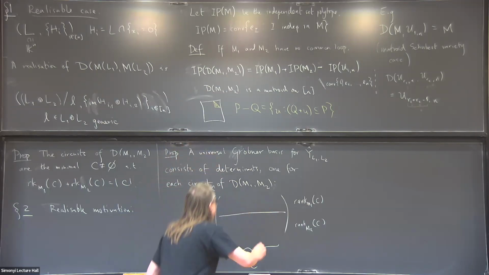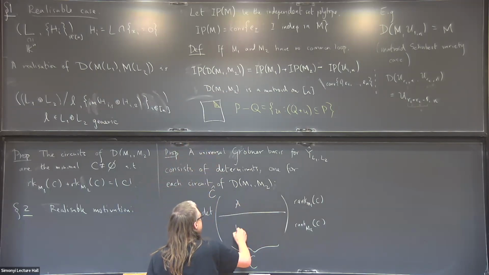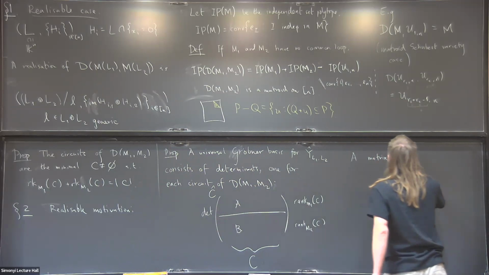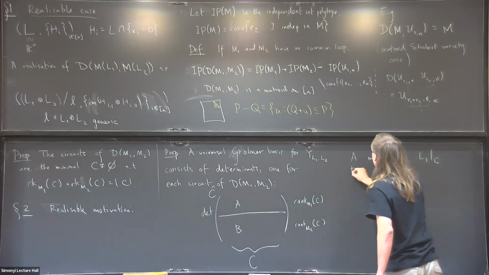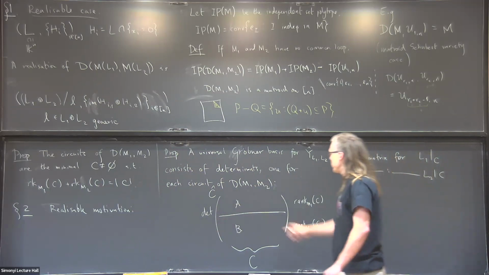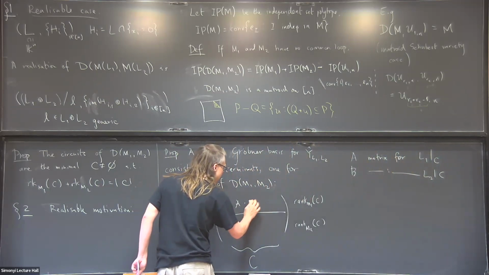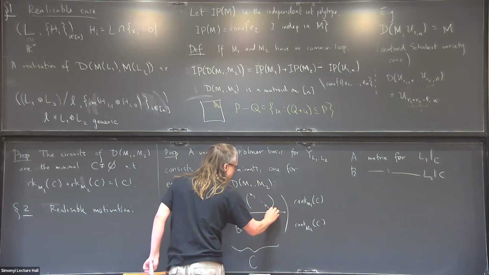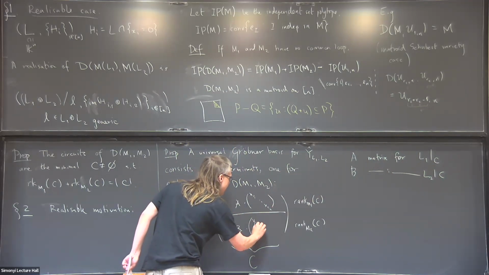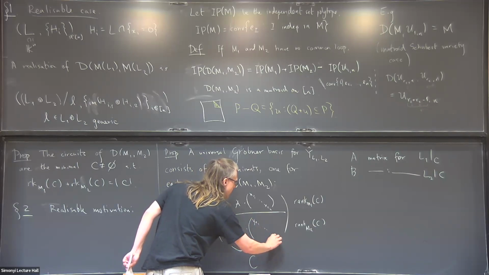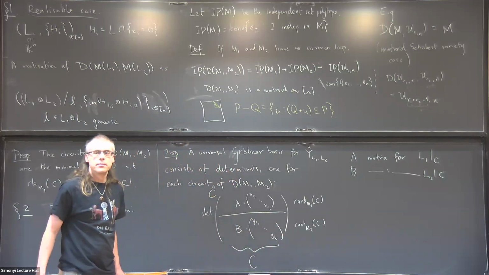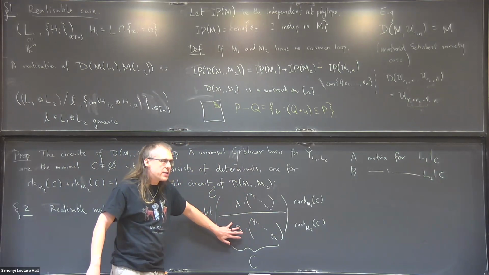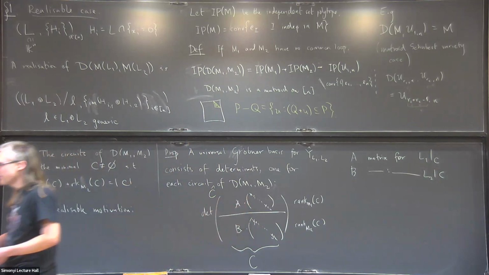Let's say I have matrices A and B, where A is a matrix for L1 restricted to C and B is a matrix for L2 restricted to C. I put A on top, multiplied by a diagonal matrix of x's for the variables in C, and B on the bottom, multiplied by a diagonal matrix of y's for the variables in C. So in the top part each entry is x times a scalar, and in the bottom part each entry is y times a scalar. I take a determinant of this.